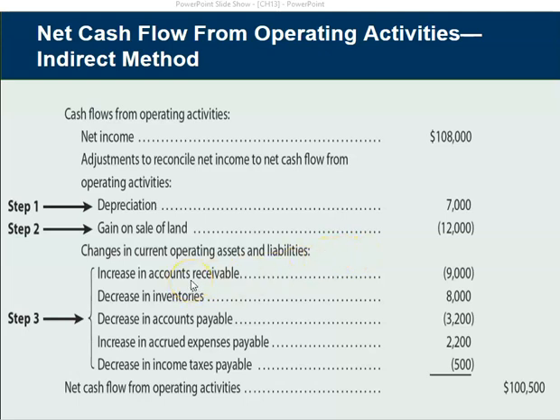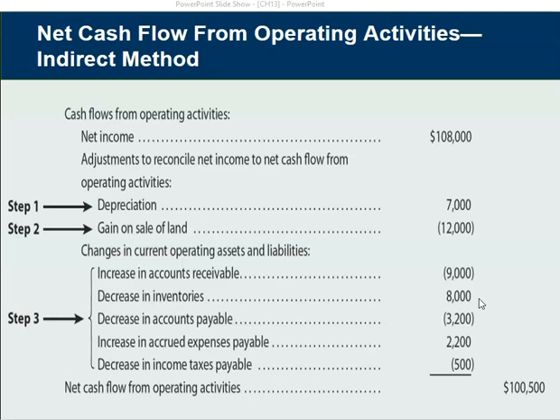Increase in accounts receivable. Okay, that's a subtraction. That means that $9,000 of this net income hasn't been collected in cash. Decrease in inventories is going to be a positive addition, because what that's essentially saying is that $8,000 of the inventory that we sold that ultimately helped us get to this net income of $108,000 was purchased in a prior period.